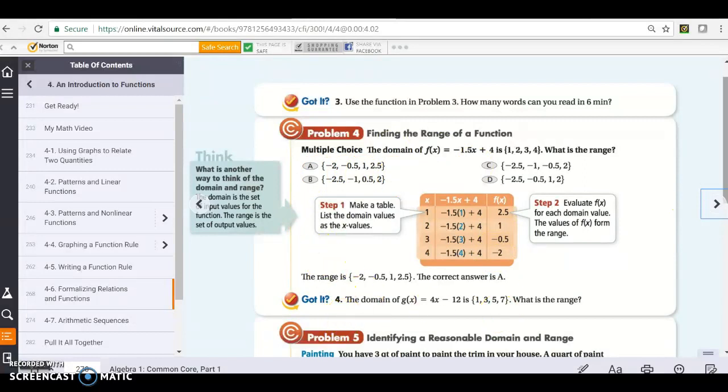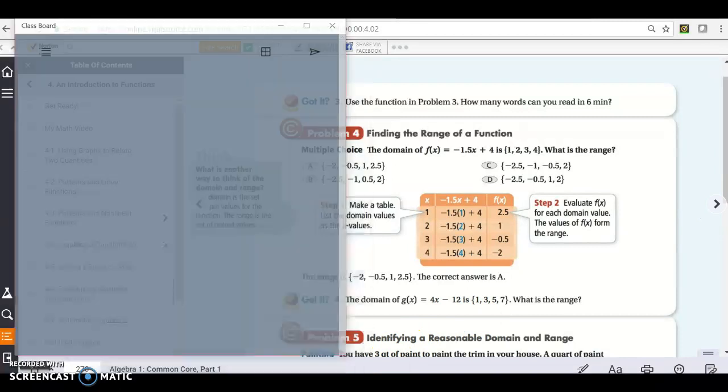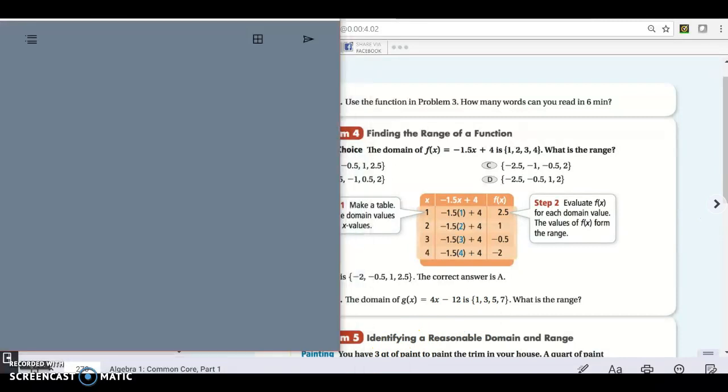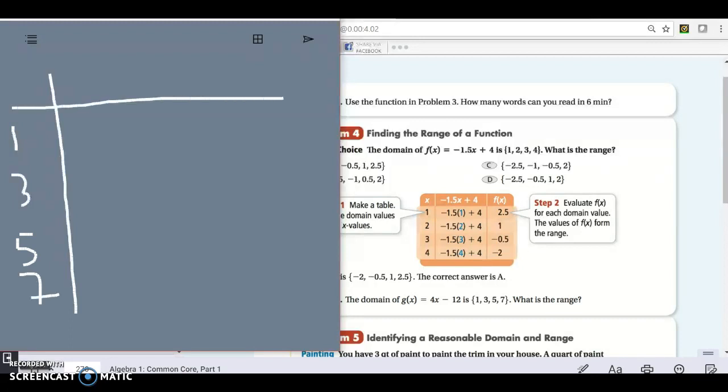Next, for the guided 4, it says the domain of g of x is 4x minus 12, is 1, 3, 5, and 7. What is the range? So let's do the same thing, right? So we have 1, 3, 5, and 7, x, and we have 4x minus 12.